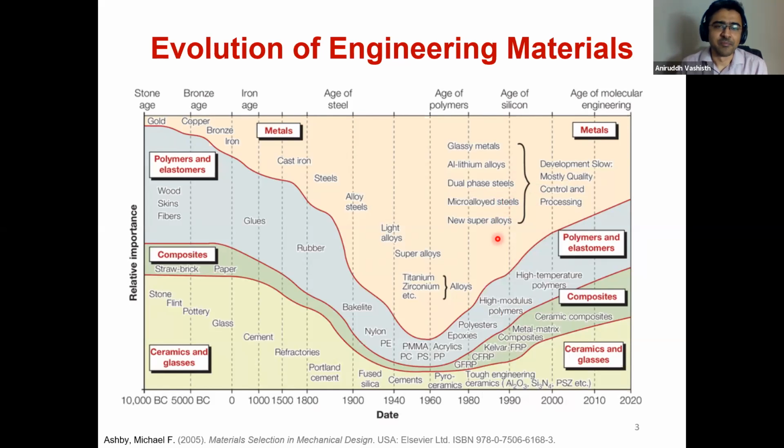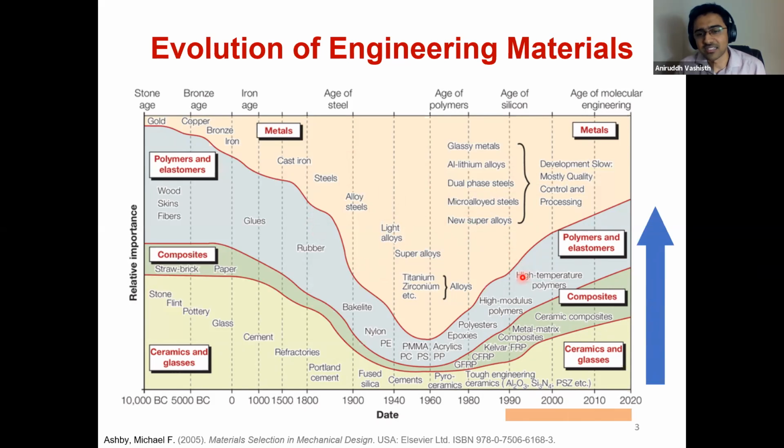Okay, perfect. This is a very famous plot by Michael Ashby, and he shows the relative importance of different types of materials that have been used by human beings. Interestingly, he shows that in the last 30 years, the relative importance of ceramics, composites, and polymers has shot up dramatically.